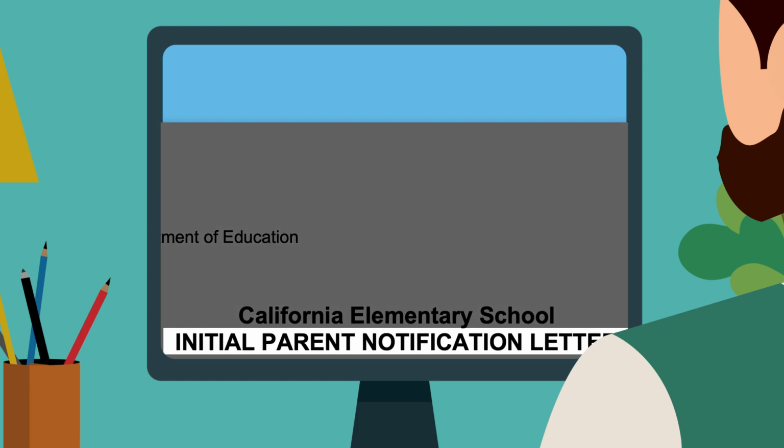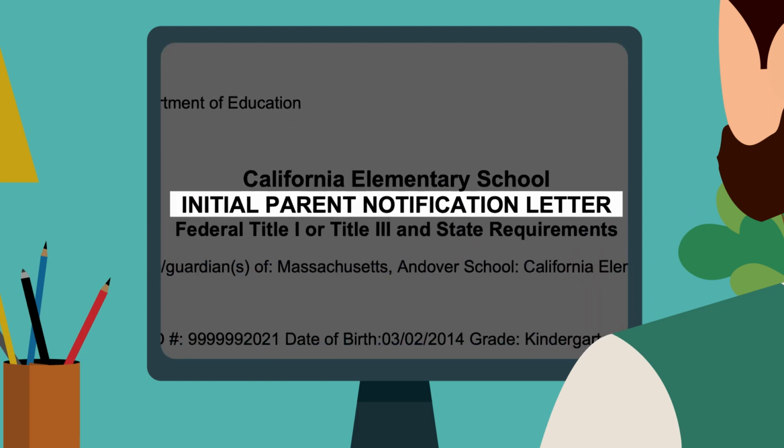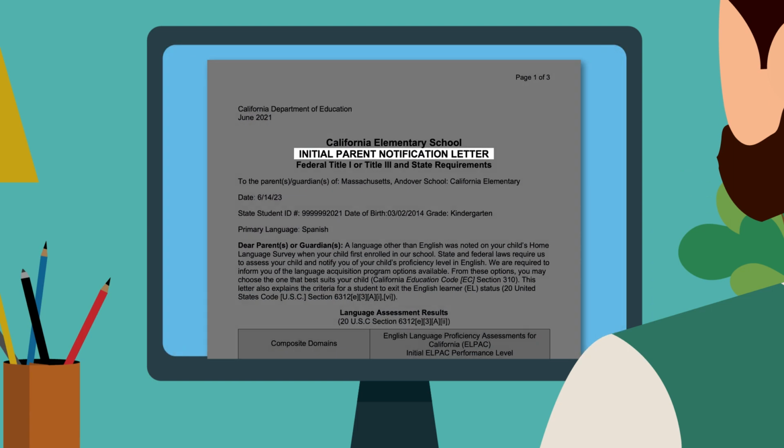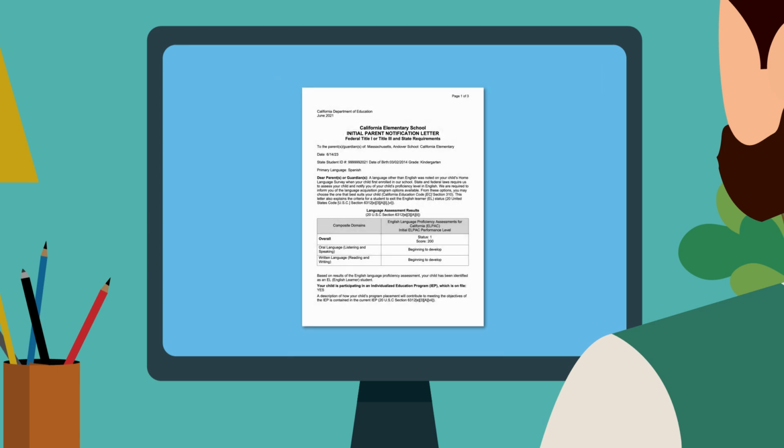If your child is an English learner, a parent notification letter will describe important ELD supports and services that will assist your child in learning English. In addition, your child will take the summative ELPAC each year until your child has met the district's reclassification criteria.